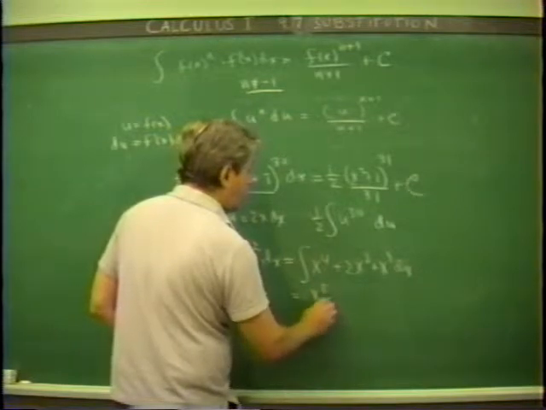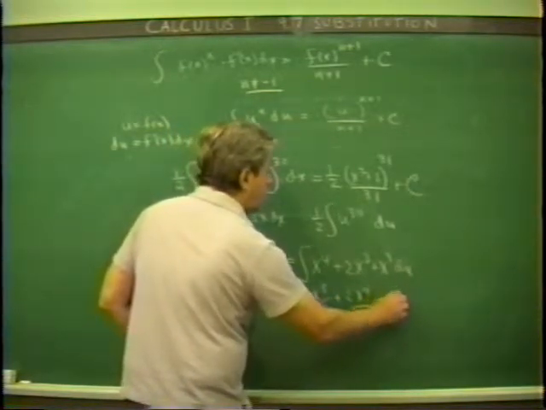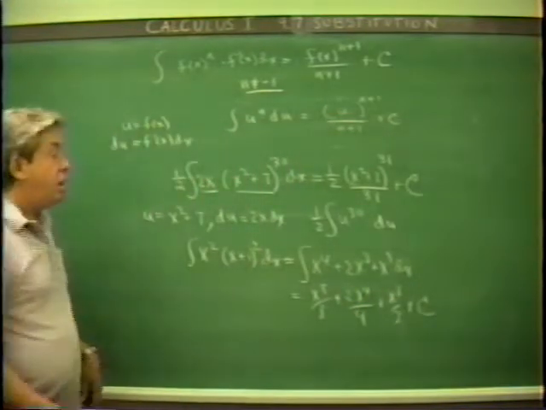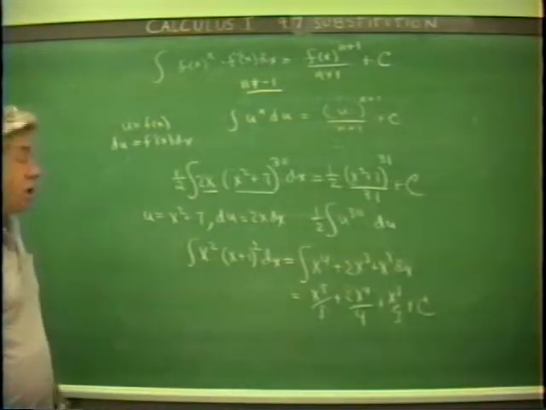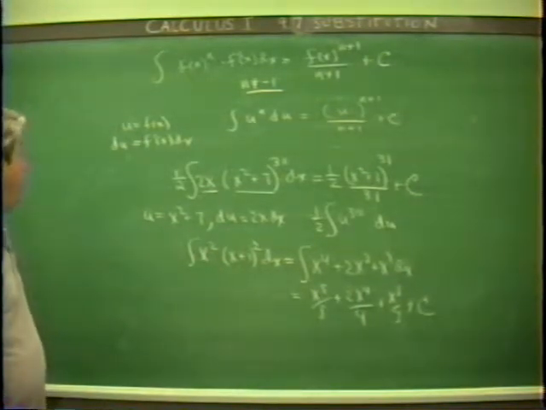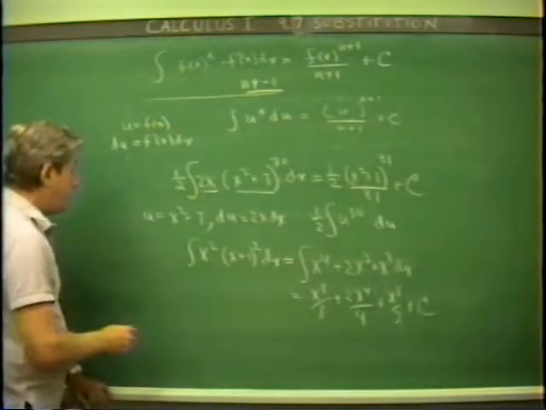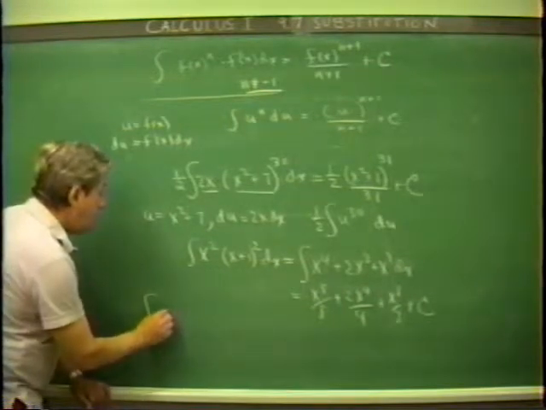And so the antiderivative can be gotten directly here. It's going to be equal to x to the 5th over 5 plus 2x to the 4th over 4 plus x cubed over 3 plus any constant. So sometimes, and sometimes it may even be a large polynomial, you're just stuck with multiplying things out.